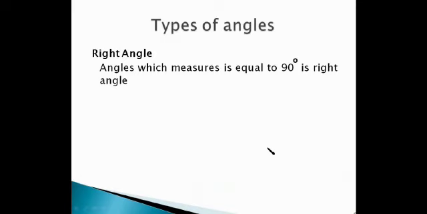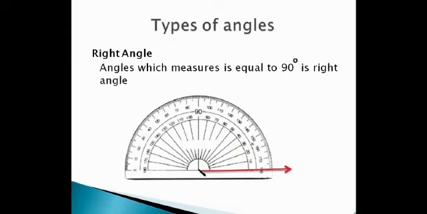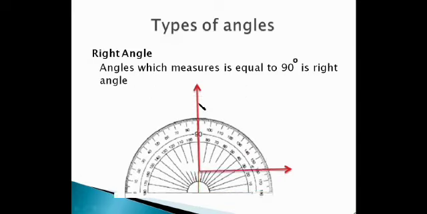The next angle is right angle. The right angle always measures 90 degrees. It is not more or less, it is only 90 degrees. Now we'll draw a right angle. First you will draw a line. Then you will place the protractor with 0 degrees on the line. Now you will mark 90 degrees and you will remove the protractor and draw the line.